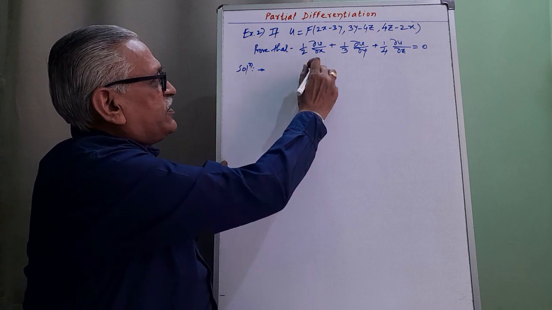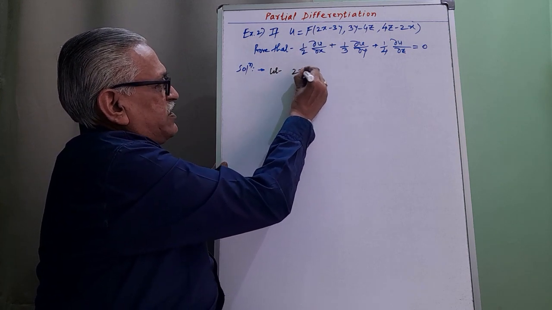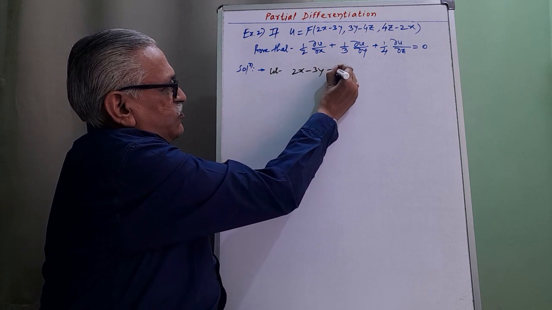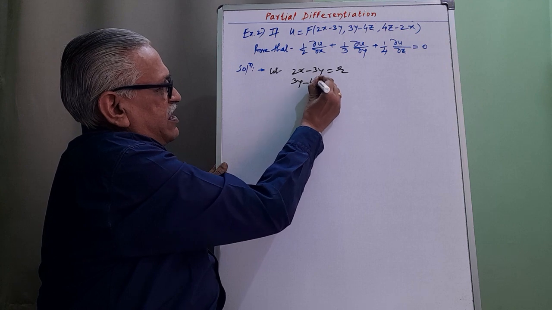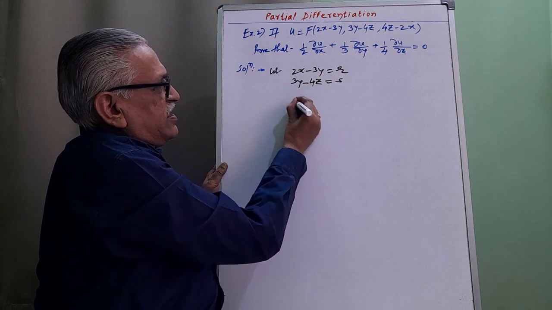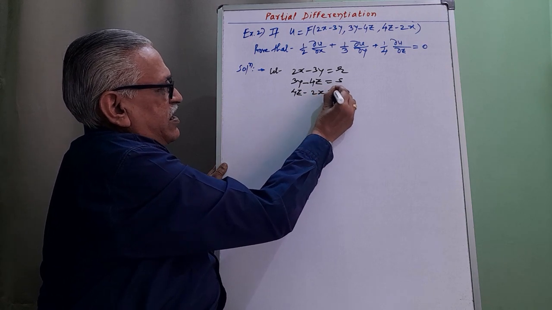And therefore, to obtain this, let's consider 2x minus 3y as the new variable r, 3y minus 4z as a new variable s, and 4z minus 2x as t.